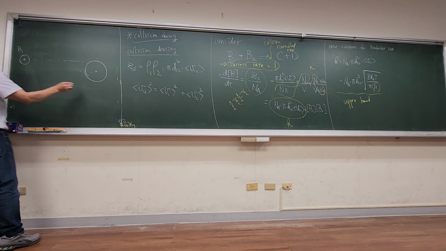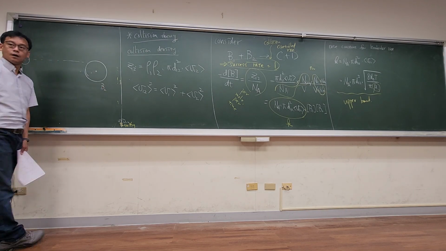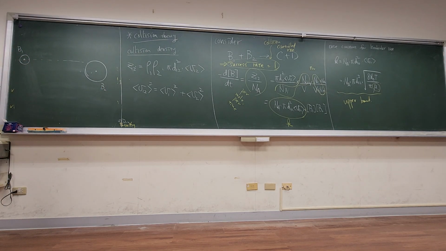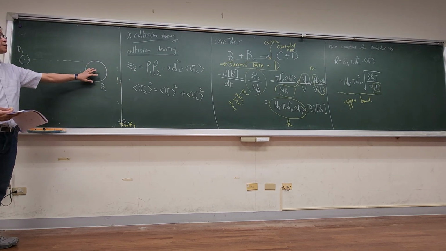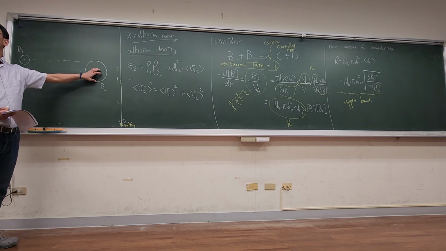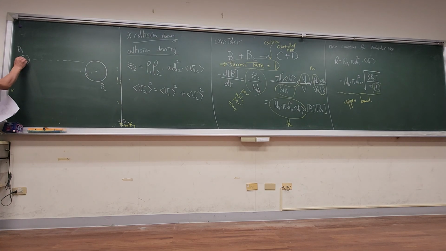Let's say you have V1 and V2. We consider relative velocity, so we can assume that V1 is sitting here, not moving, and V2 is moving towards V1 with a velocity v12.